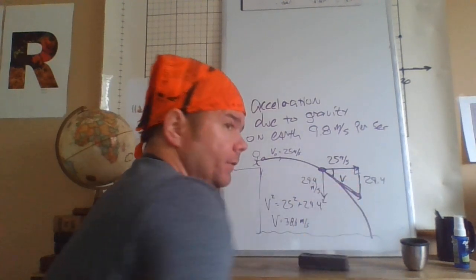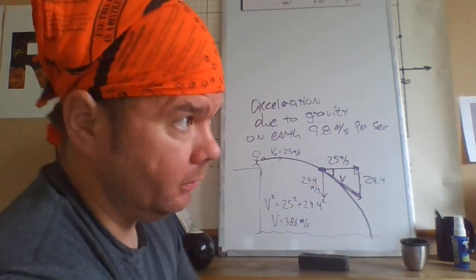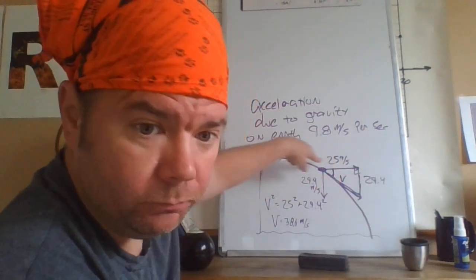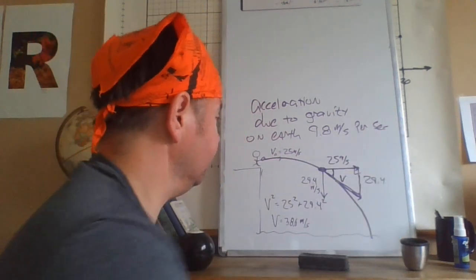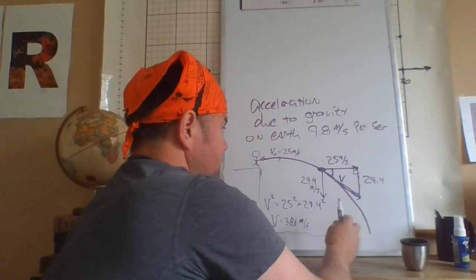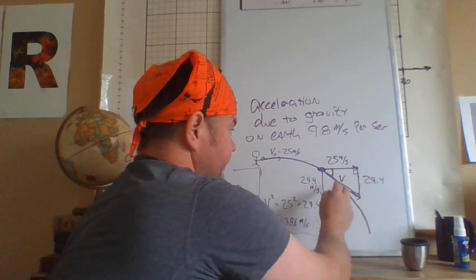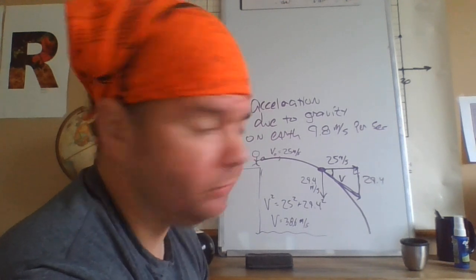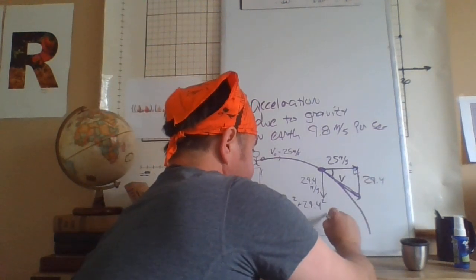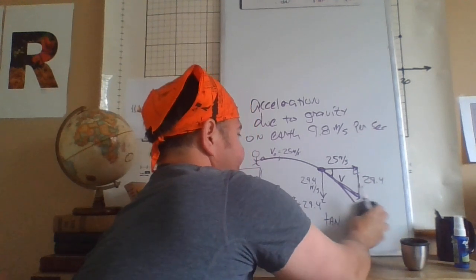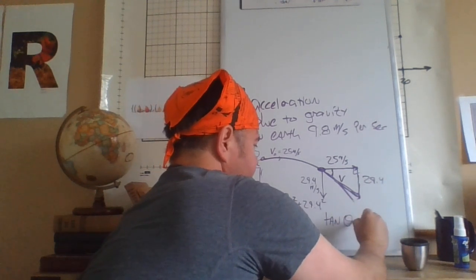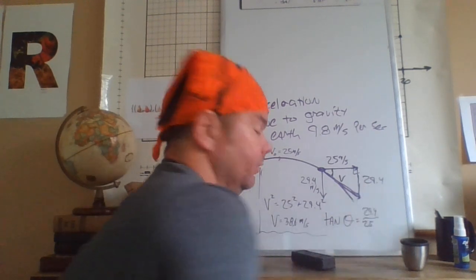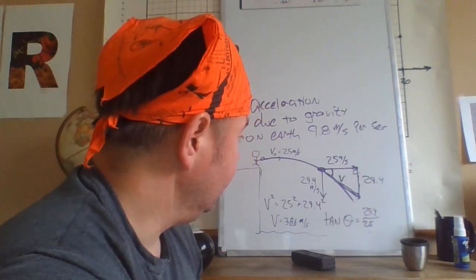Now the other thing is, what is this angle? We have to figure out what's the direction. It's not purely going down, and it's also not purely going horizontal. It's going at some angle to the horizontal. So to determine that, you can use some trigonometry. If I know the opposite and the adjacent, then the tangent ratio is what I'm going to use. The tangent of that angle, which we'll call theta, is equal to opposite over adjacent, which is 29.4 over 25.